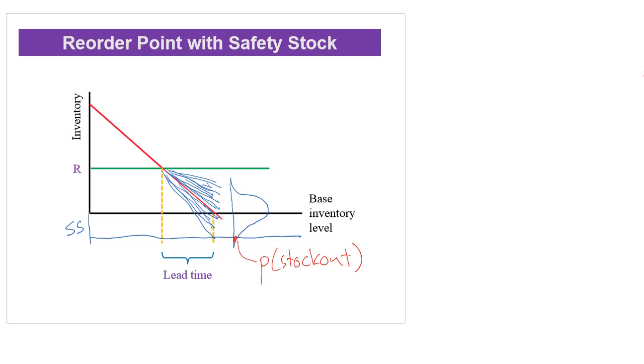Well, let's imagine for a second that lead time also varies. So here's our lead time right here. Let's imagine that we have a normal distribution around that with a mean mu and a standard deviation.